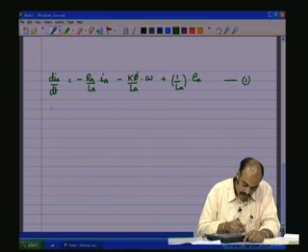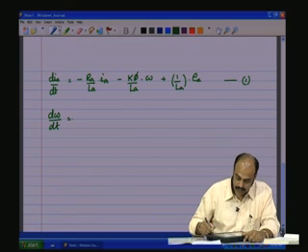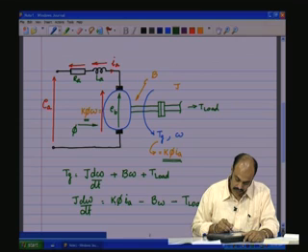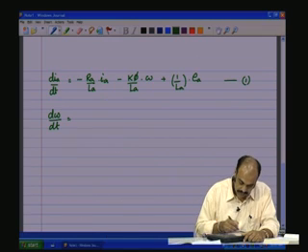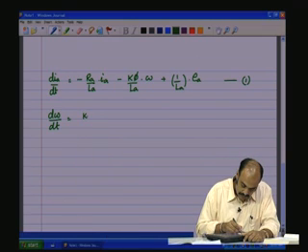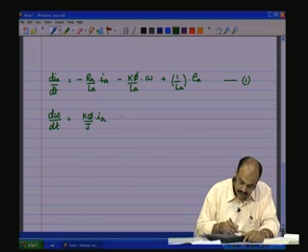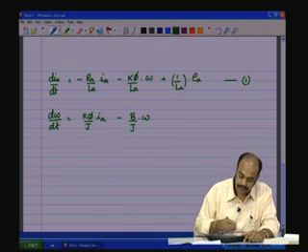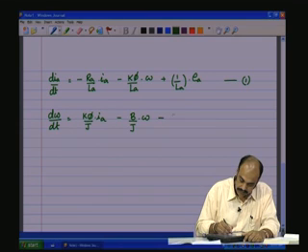Then we have d omega by dt, which is the mechanical equation. So we have k phi by J into IA minus B by J into omega minus 1 by J into T load.